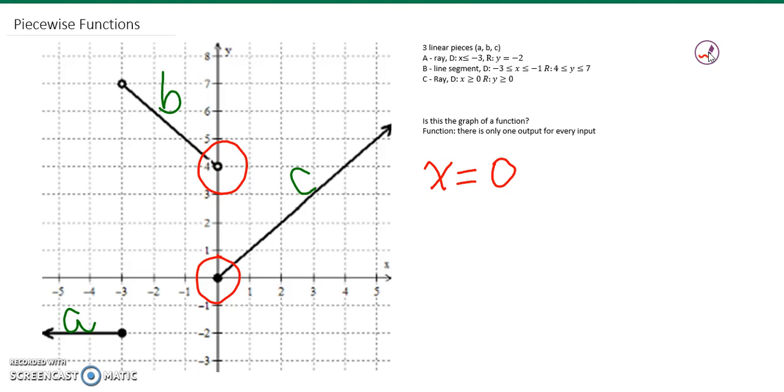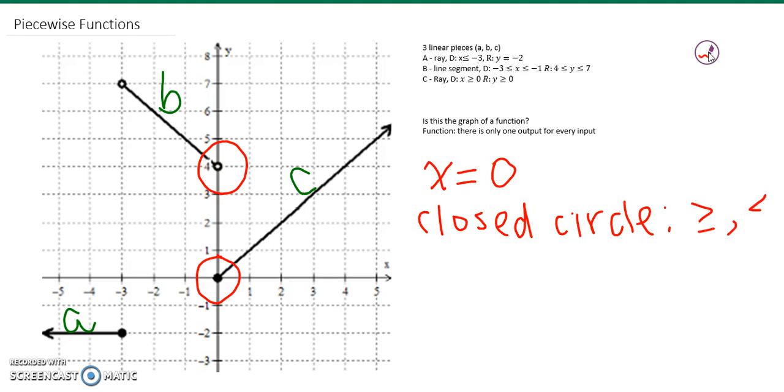We can begin by defining what the open and closed circles signify. A closed circle can be represented by greater than or equal to or less than or equal to.